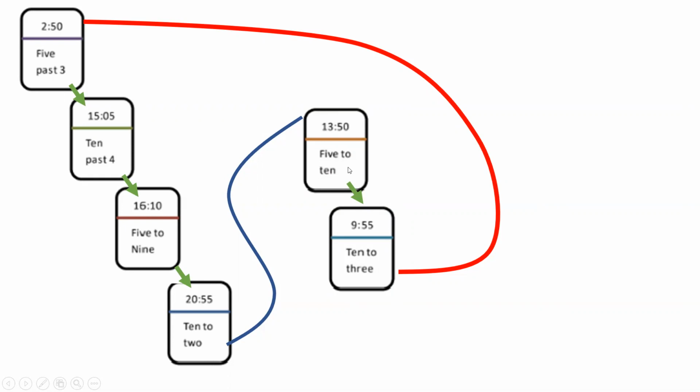And then 5 to 10 would either be in the morning, 9:55, or if we did it in 24 hour, you'd have 9 plus 12, so it'll be 21:55. And then 10 to 3, here we are, it's 2:50, and that'll be in the morning.